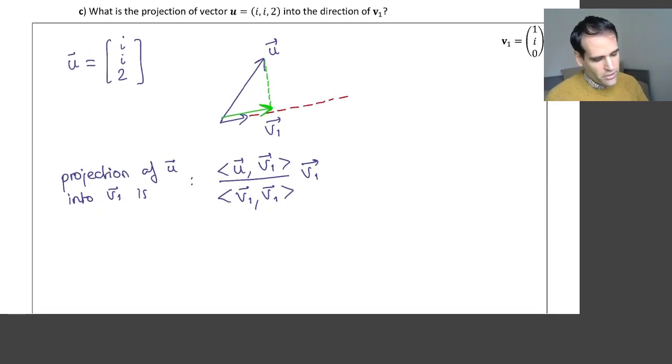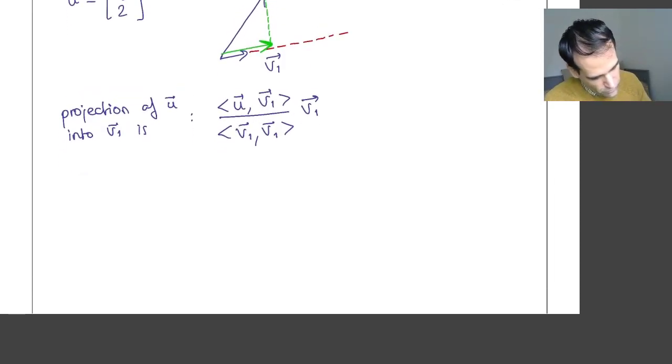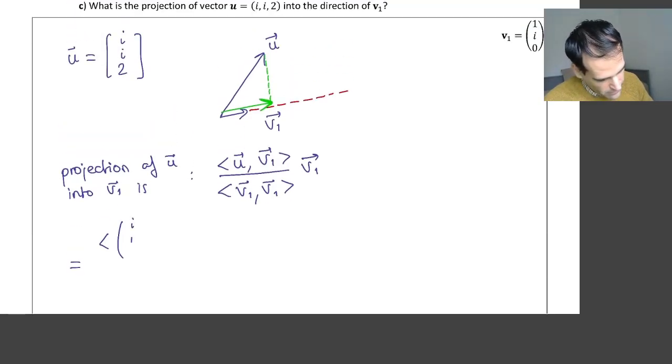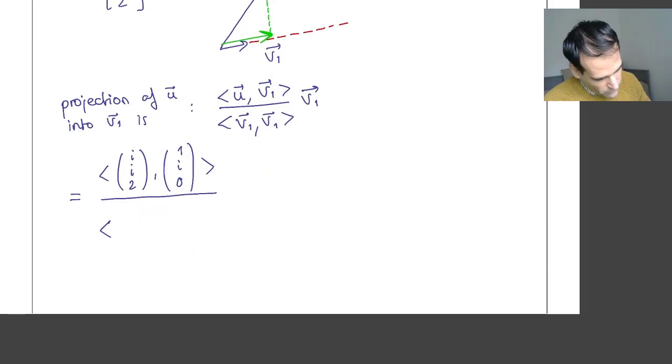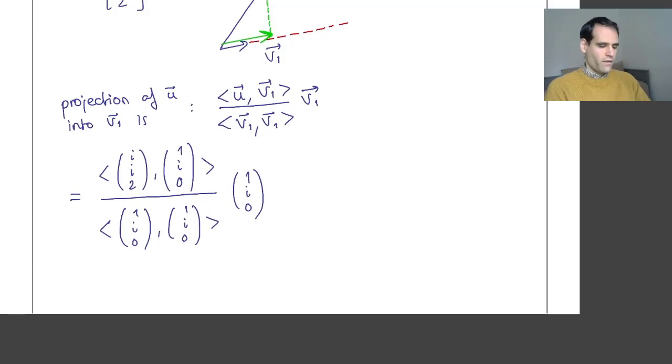This means we have to do inner products, yeah? So let's do this. This is equal to the inner product of two vectors, which are (I, 2), and vector V1, which is (1, I, 0), divided by the inner product of (1, I, 0) with itself, and this multiplied by V1, which is (1, I, 0). Okay, so let's do these inner products.